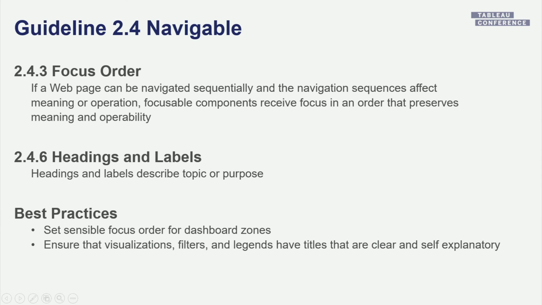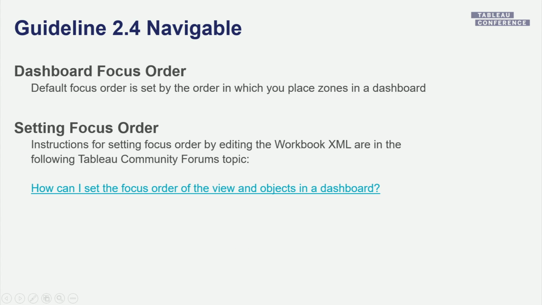Okay, next is navigable. There are a number of different things that are important here. One is the focus order of the dashboard, so that when you tab around, it is in a logical order. You also need to have headings and labels for everything to describe their purpose: good titles for filters, good titles for views, and things like that. Dashboard focus order is a bit of a challenge, because the focus order is determined by the order in which you place zones in a dashboard, which is kind of weird.